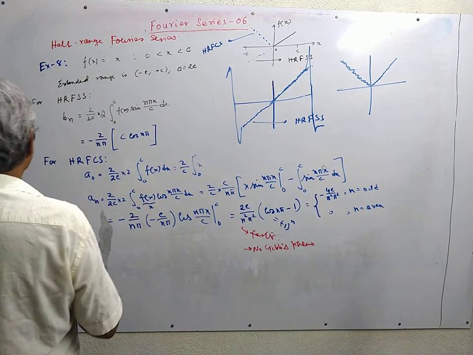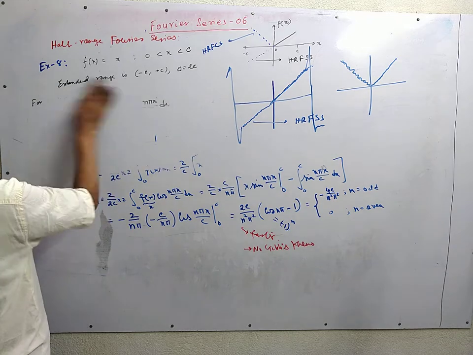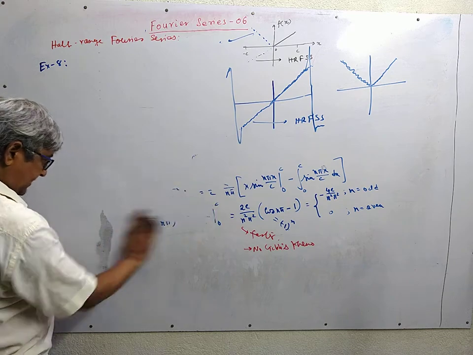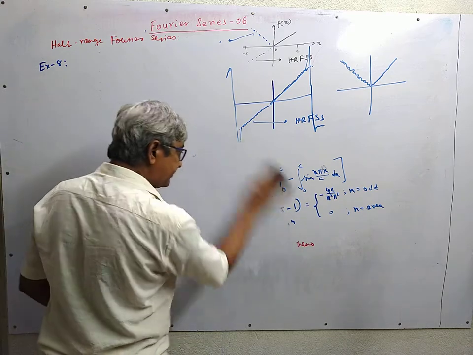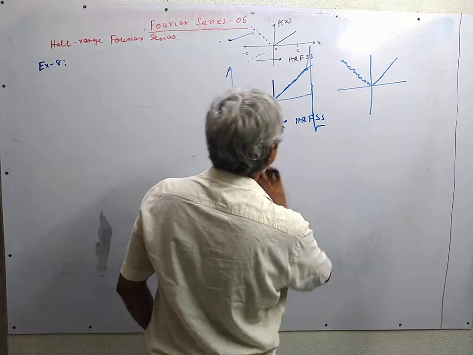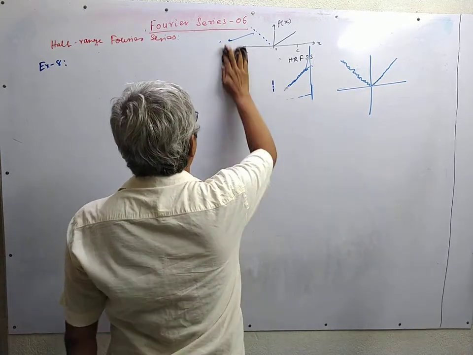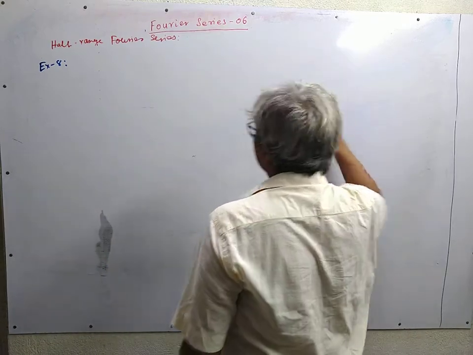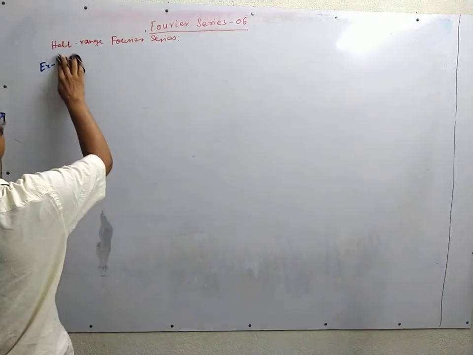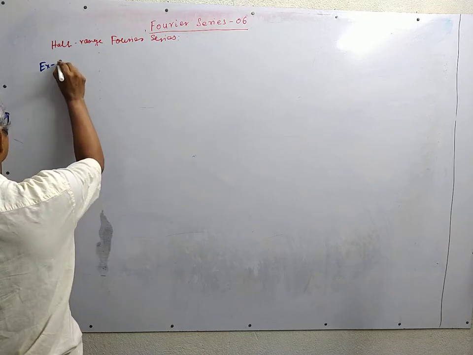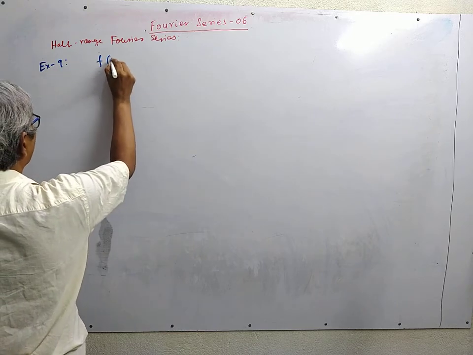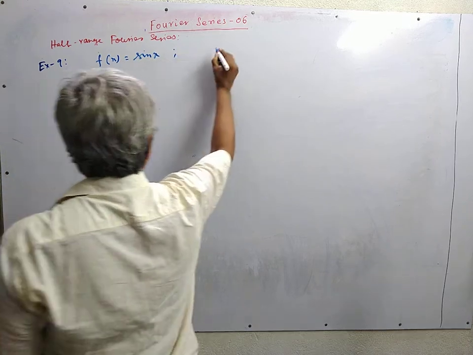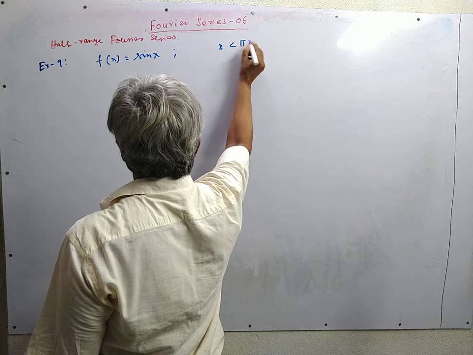Now we consider the next example, that is f of x is equal to sine x and is originally defined in the interval 0 to pi. We need to extend it to the minus pi to plus pi. So ninth example, f of x is equal to sine of x, x less than pi.